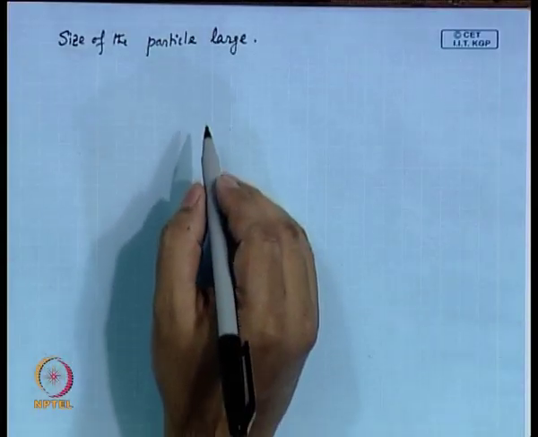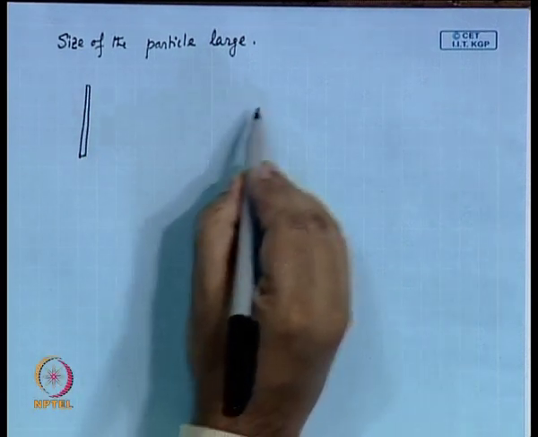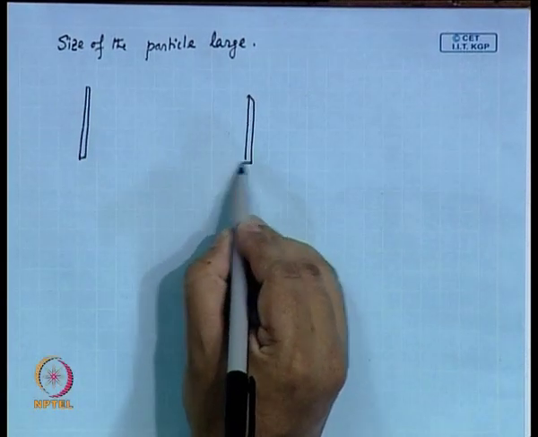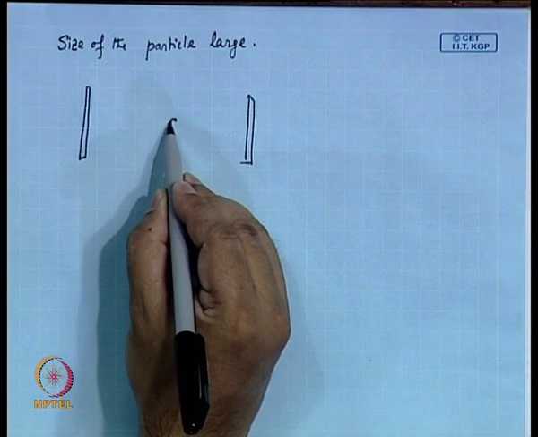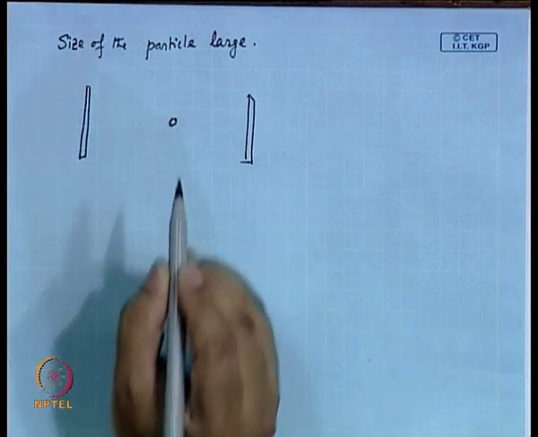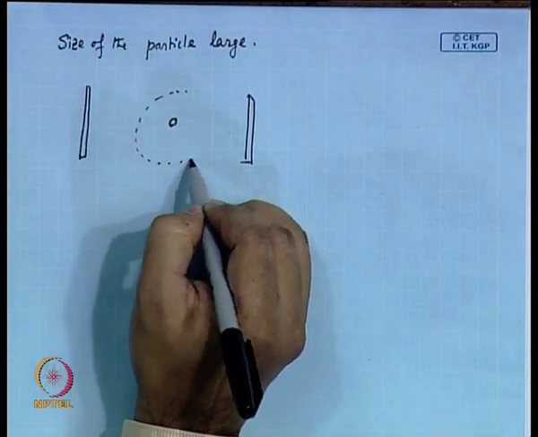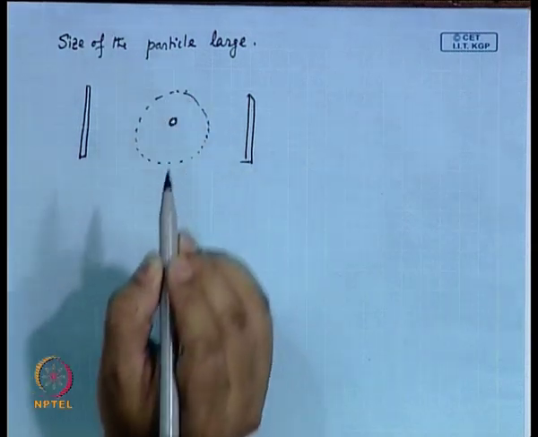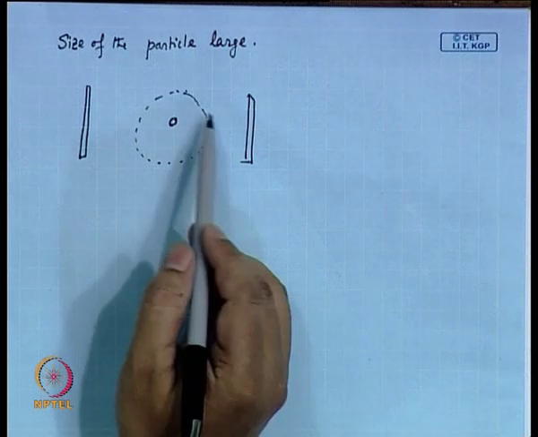So, the idea here is you have an electrode, or a set of electrodes, and you have a particle. Now, if this is a small particle, this is the Debye length in that situation.